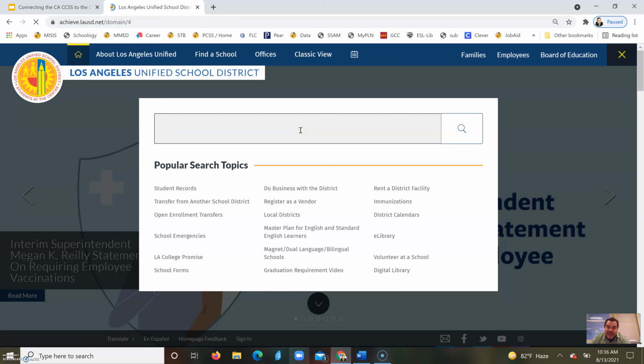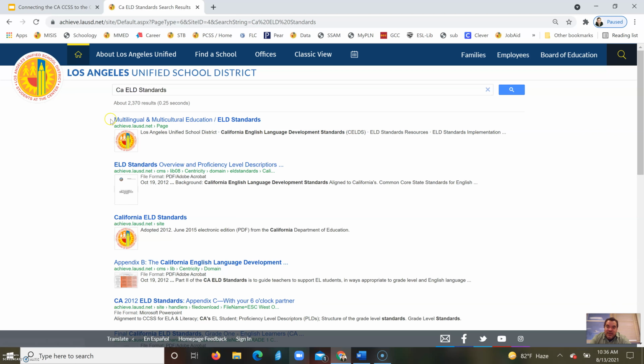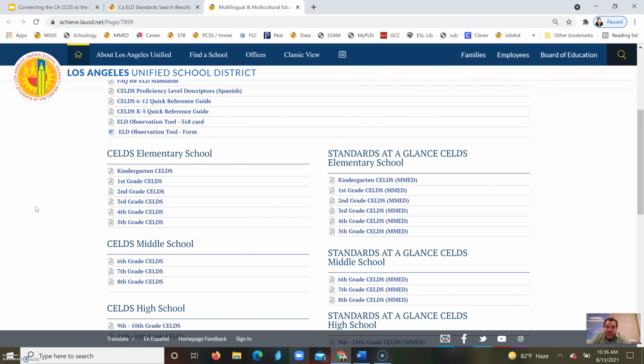Click or type in California ELD standards. Click on Multilingual and Multicultural Education ELD standards. From here, you can either click on CELDS Elementary School or Standards at a Glance. They're both essentially the same thing.